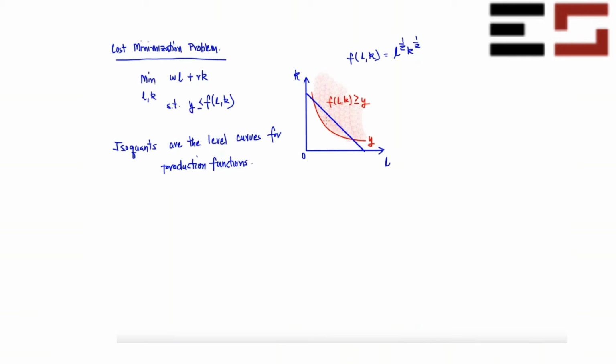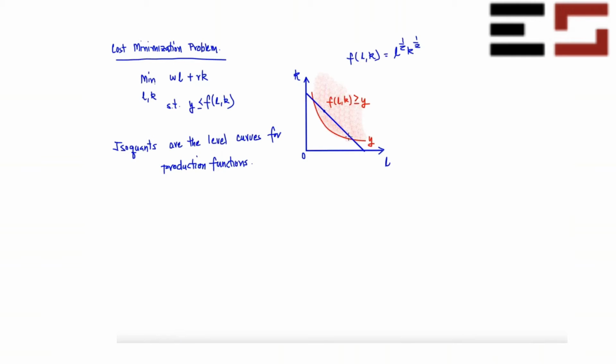Then can you do better than this? Are you really minimizing cost if you choose a point, let's say here, for example? Or can you do better? These are the labor capital combinations that cost the same, because that's the isocost curve. Isocost means same cost.